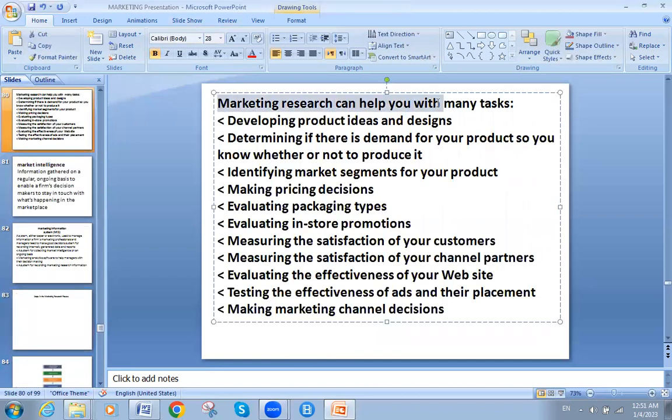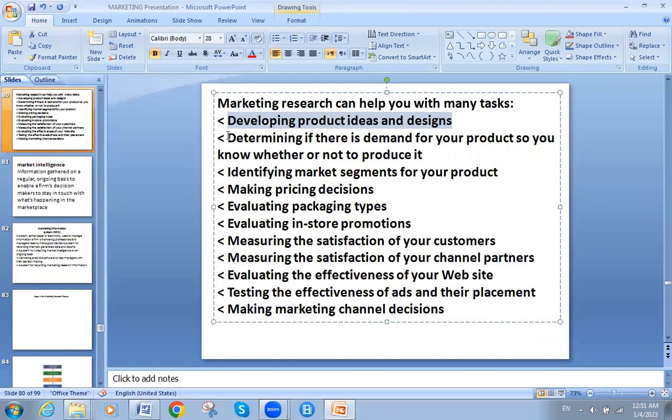Market research can help you with developing product ideas and design. So I do marketing research to check the product. Is it satisfying people's needs or not? They may have some suggestions about this product and how it's performing.